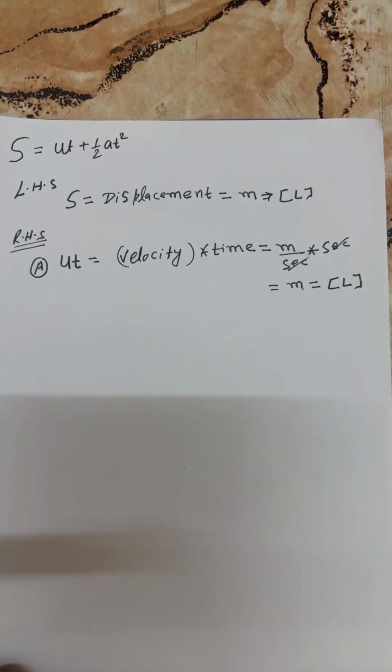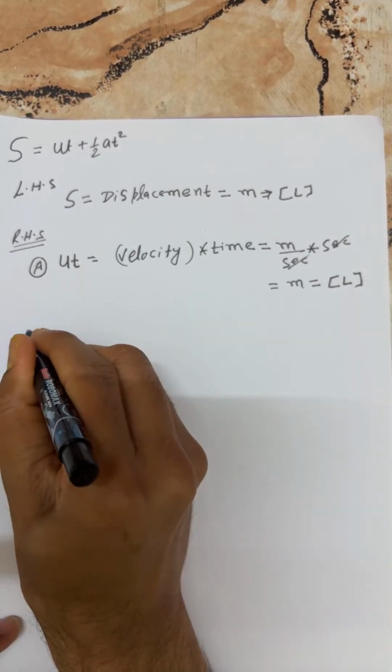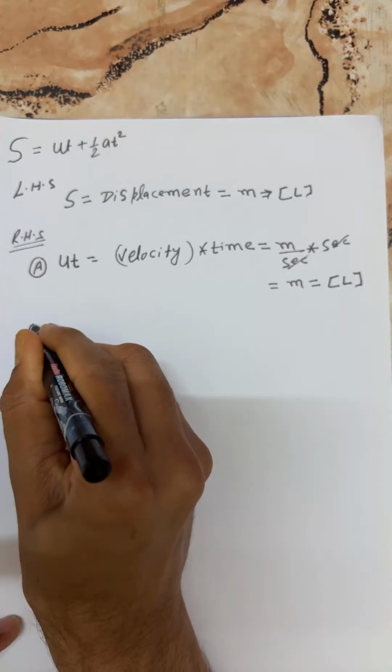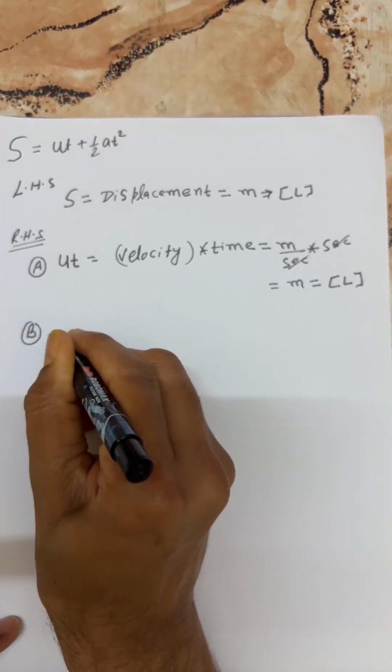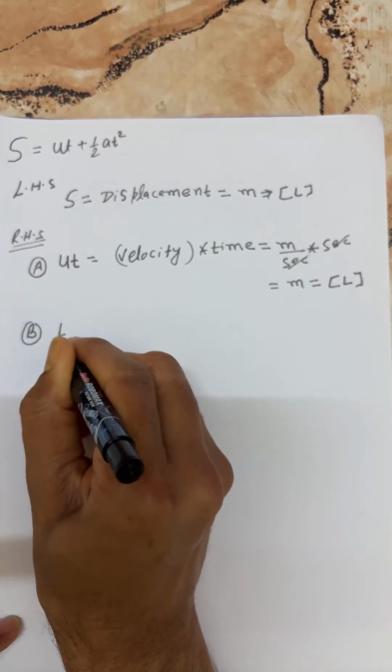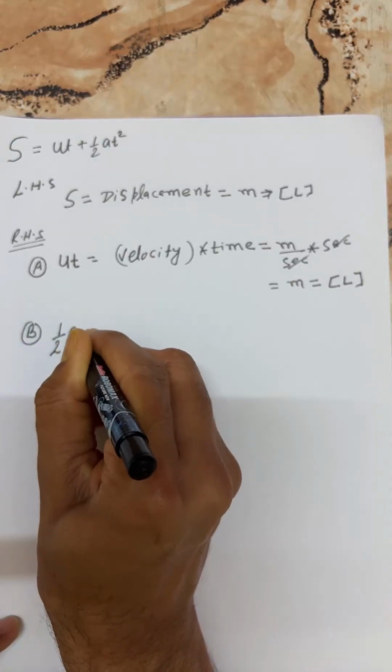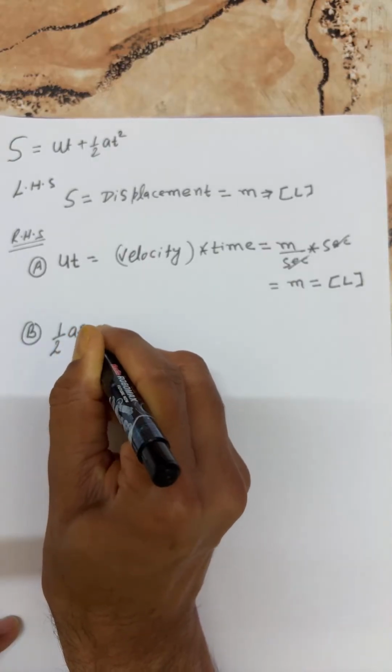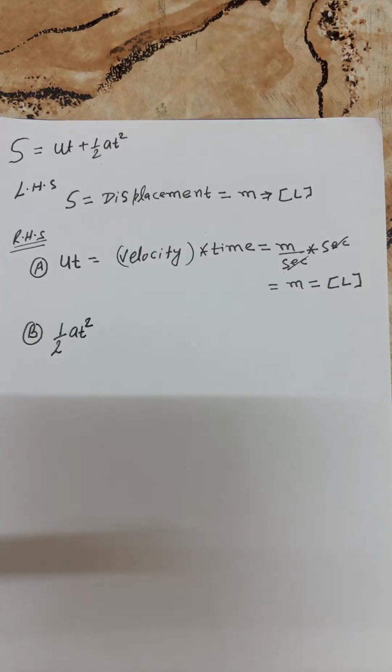Now I'm going to solve part B, which is half a t square.